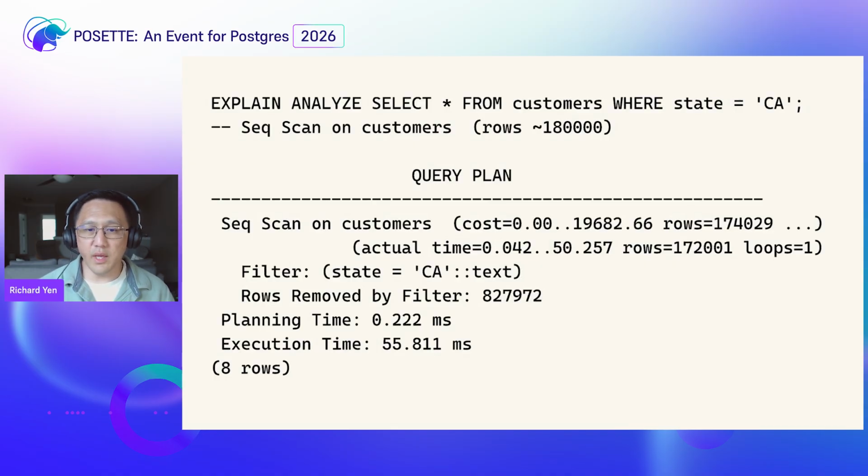Now you can see that if I had 1,000,000 rows and 17 or 18,000 of those rows are California, that's a small percentage. If you think about doing an index scan, I'm going to scan through my index, fetch a page, and then fetch the tuple out of it.